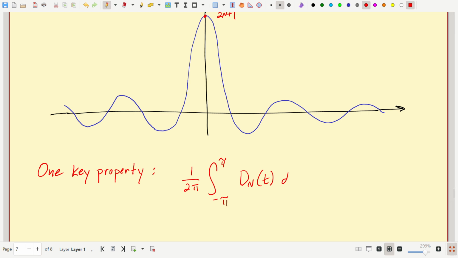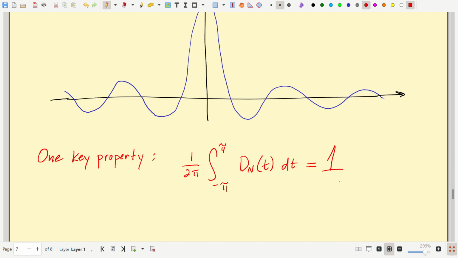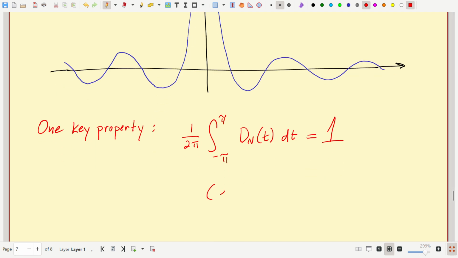We can see that now because the integrals of all those wiggling sine and cosine terms are 0. And the 1 that sits there in the middle integrates to 2 pi. So 1 over 2 pi times 2 pi is 1. And all the cosine things integrate out to 0. So that's easy. The integrals from minus pi to pi of the cosine nt dt in the star expression are all 0.